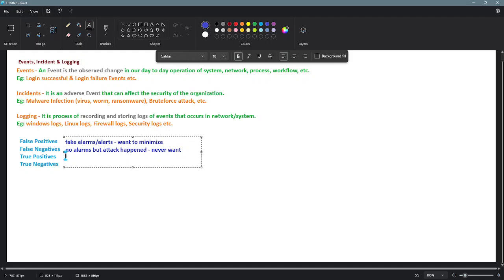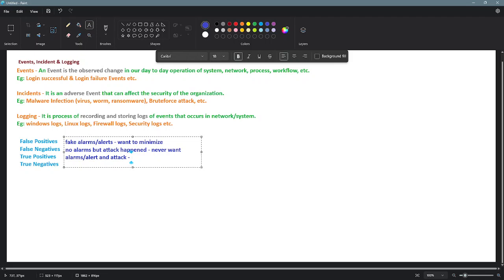If we talk about a true positive, there is an alarm, or we can say an alert, and there is an attack. So a company wants to avoid and minimize these things, because no company wants its organization to be under attack.